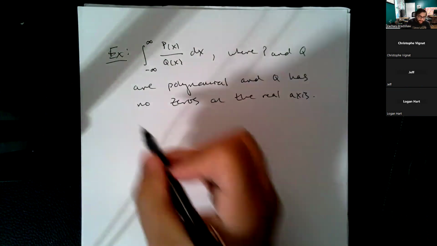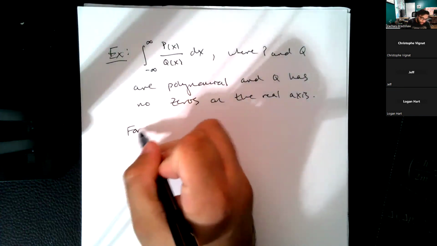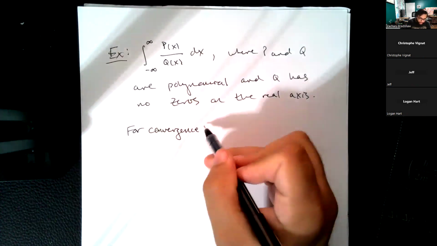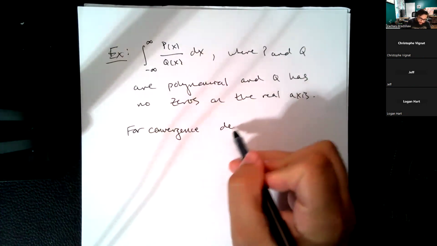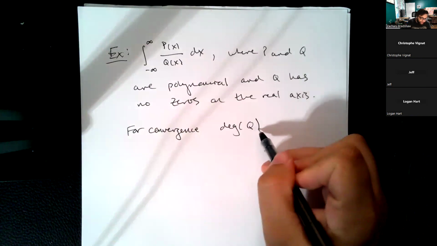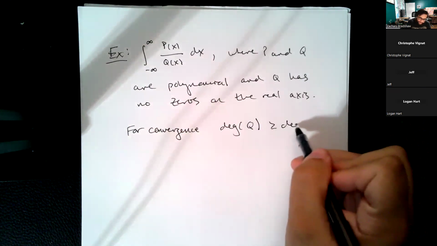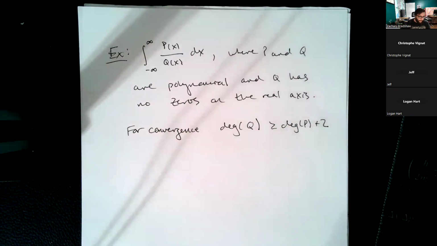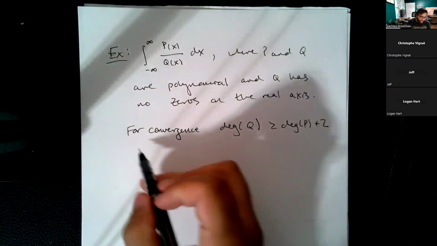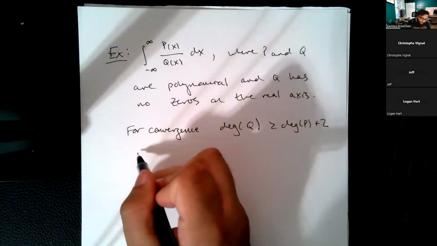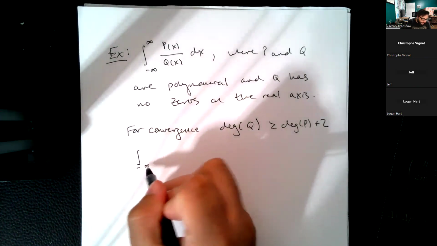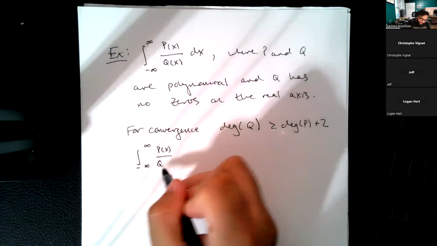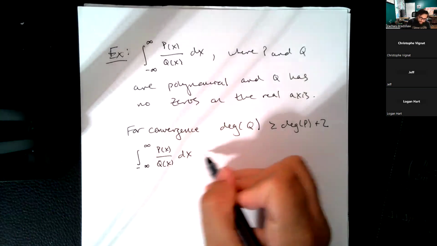Some things that you will need are, for convergence of the integral, you need the degree of q to be greater than or equal to the degree of p plus 2. So we use the same contour as before, and what we find is that the integral from minus infinity to infinity of p of x over q of x dx.